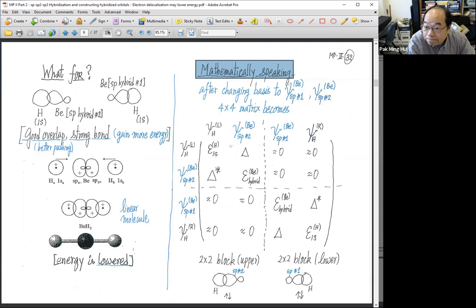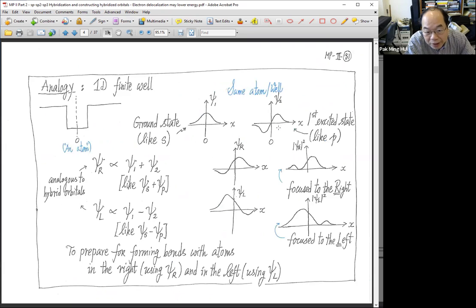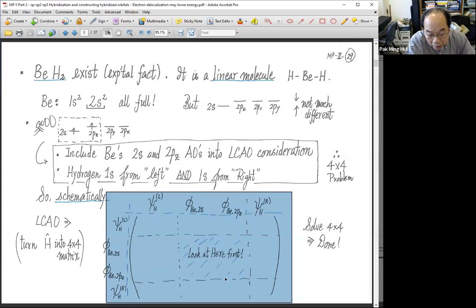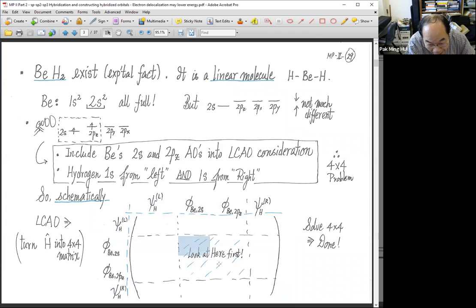Mathematically speaking, we can write it schematically a little bit more. So we start off with this 4x4. We play with this 2x2 block, changing bases here. First, do the combination.